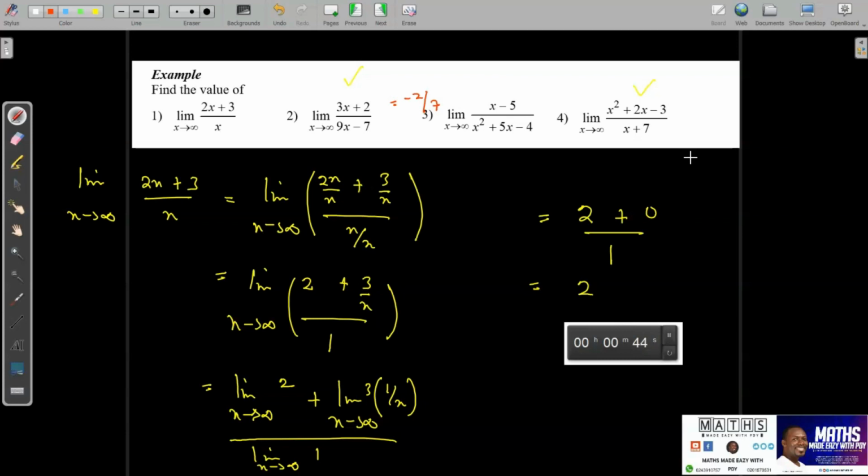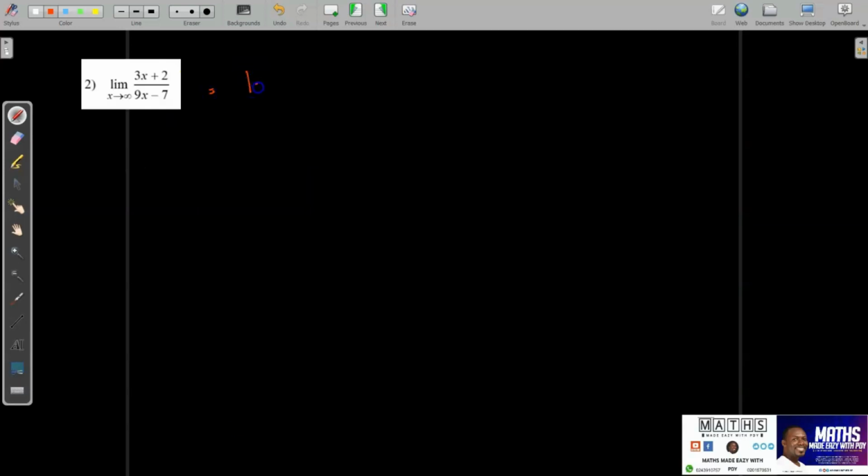But I want to make it undefined. No, it wouldn't. Limit, the highest power of x is actually x to the power 1.